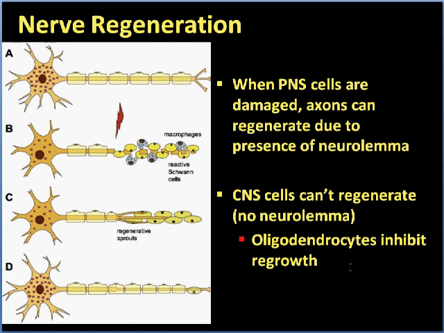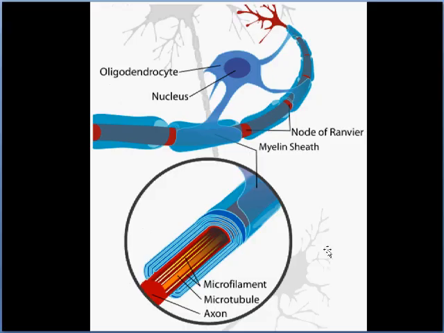Another important thing to recognize is that these oligodendrocytes, which we saw in the central nervous system, actually inhibit regrowth. To get a better idea of how that might work, although I couldn't find much information on this, you can see how the oligodendrocytes are attached to multiple places on an axon, and even potentially many different axons.